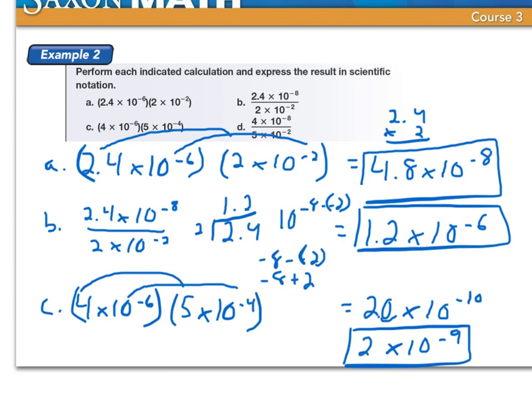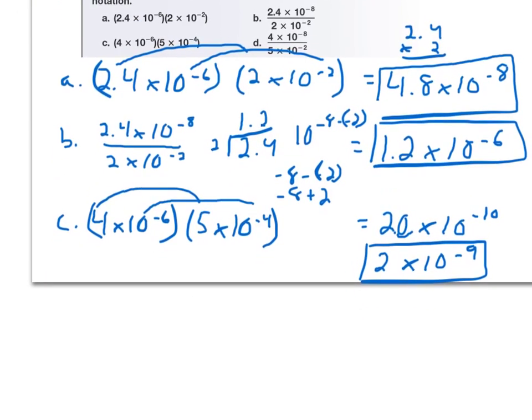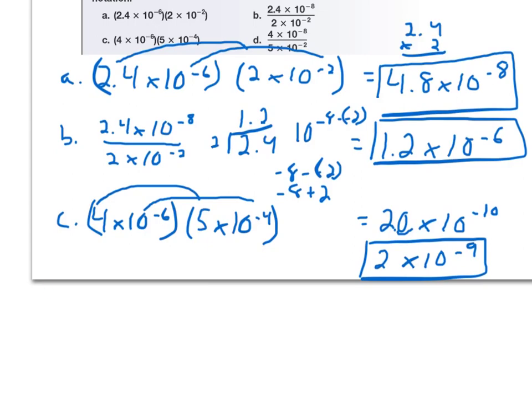And we're moving on to letter D here, so we'll slide this down a little bit to make some room for letter D. We've got 4 times 10 to the negative 8th divided by 5 times 10 to the negative 2nd. So again, this is a division problem, so we need to take 4 divided by 5, which is 0 point, and then 5 goes into 4 8 times.